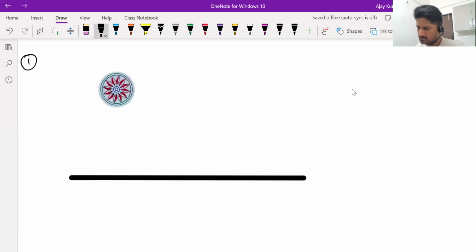Assume the striker is moving towards the frame of the carom board along this line. Okay, that's the initial line of motion. I'm not showing you the line of impact. You have to visualize the line of impact. So it's moving along this line.